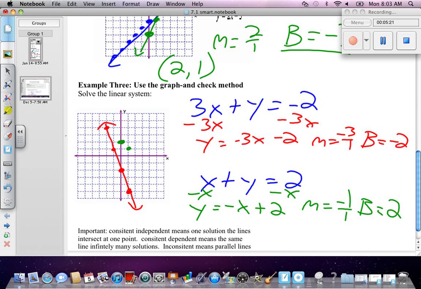And then I'm going to go down 1 to the right one, down 1 to the right one. And I'm going to go up 1 to the left one, up 1 to the left one. And I found where it intersects. And it intersects at negative 2. I always list the x first. 1, 2, 3, 4. Positive 4.